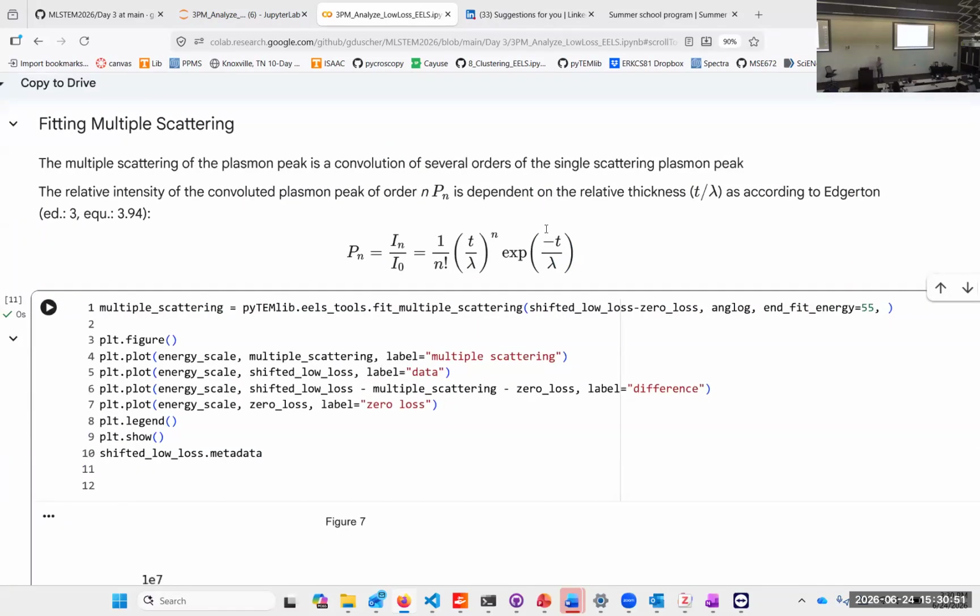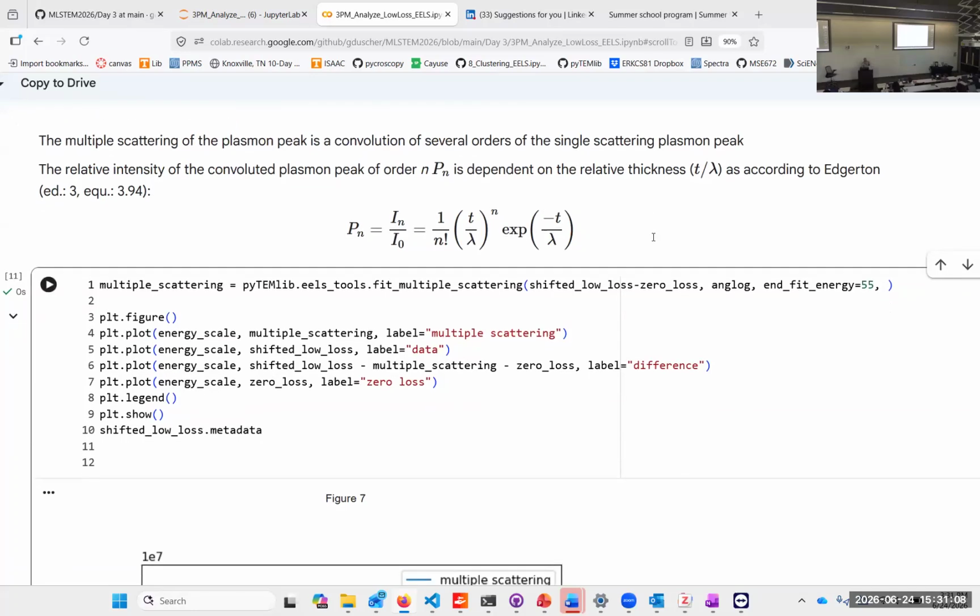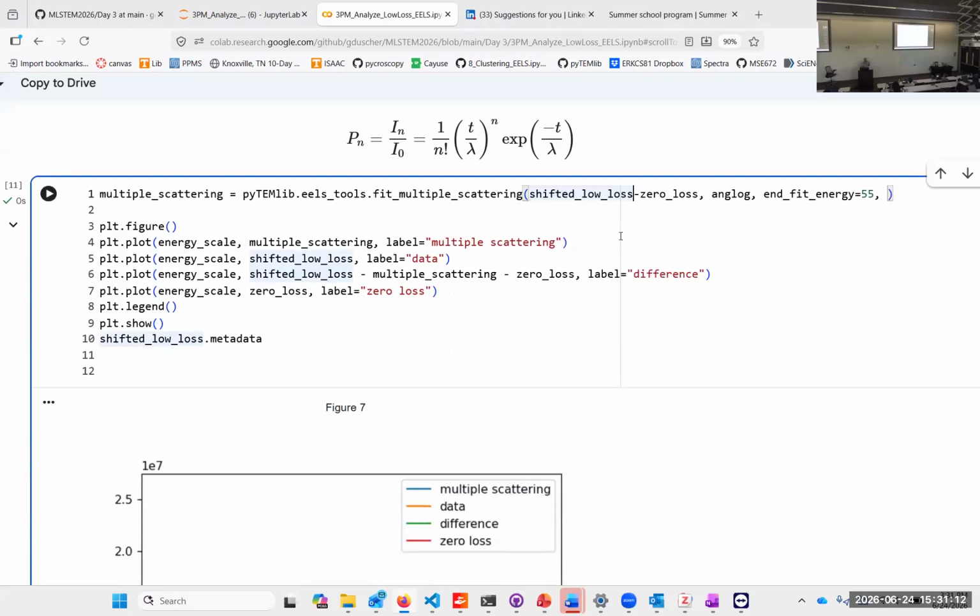So T over lambda is the real thickness over the inelastic mean free path. And then it also has an exponential term in that. And since we know that it follows that, we can fit these two things onto our spectrum. And that would be the dielectric part of the valence electrons.